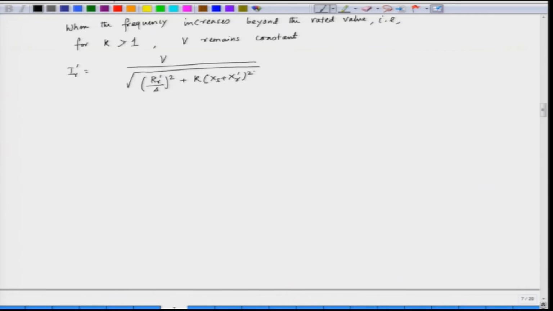If you simplify this, what we get here is the following: I r prime equals V divided by under root of R r prime by S. In this case, we assume that the resistance R r prime by S is very large, so we can ignore the reactance with respect to the resistance.